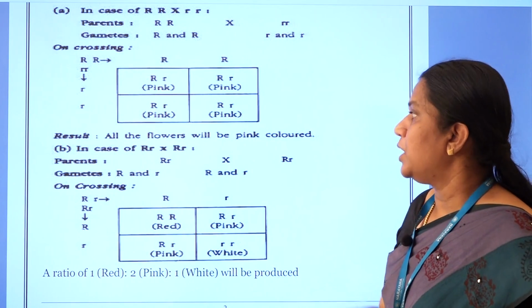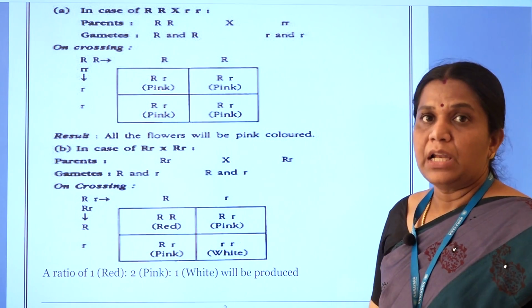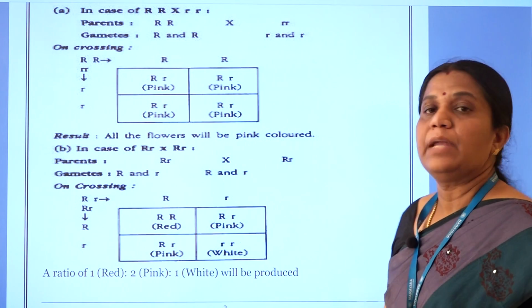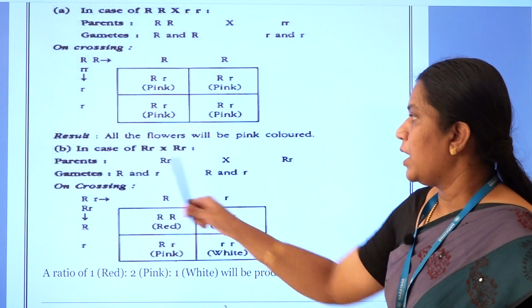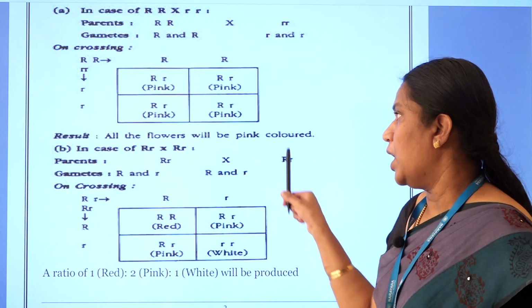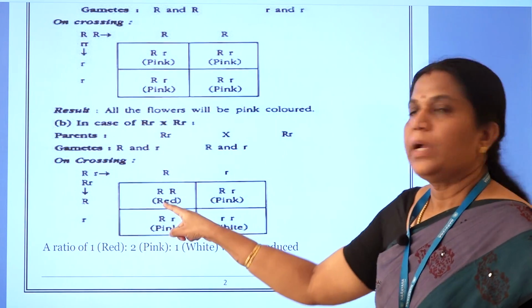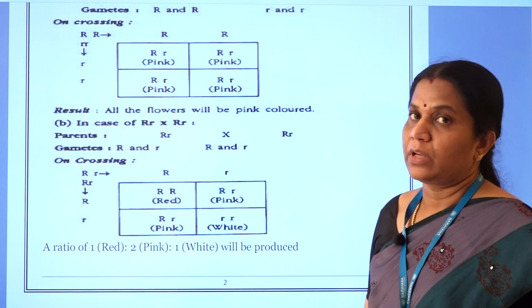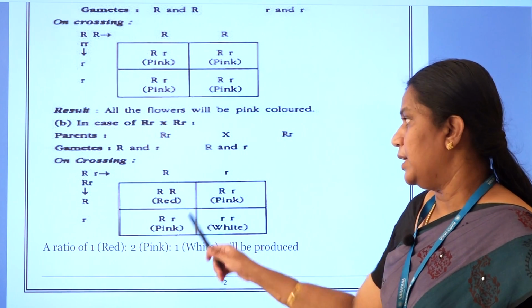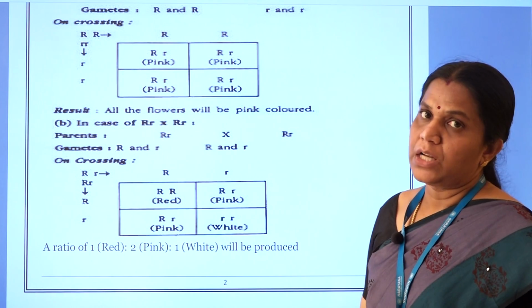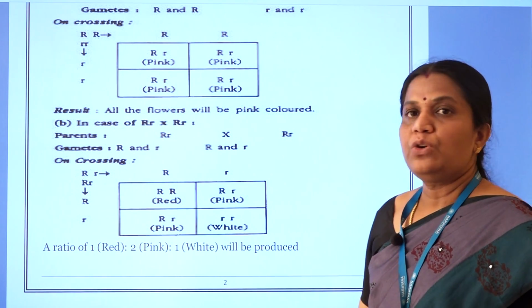In the second condition, the parents are capital R small r, that is, both are heterozygous. So the gametes are one capital R and one small r from each. On crossing, we get one pure red, that is both capital R, one small r small r, that is white, and two heterozygous.